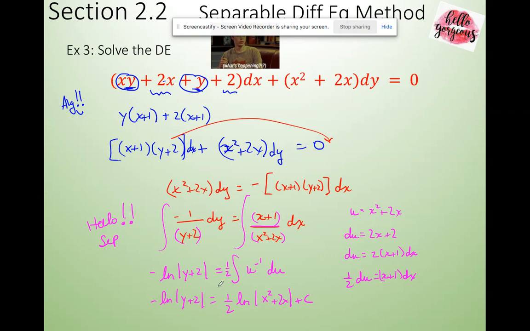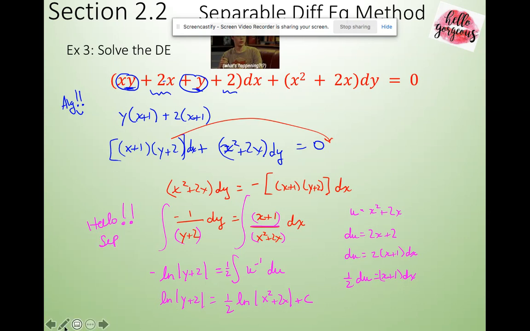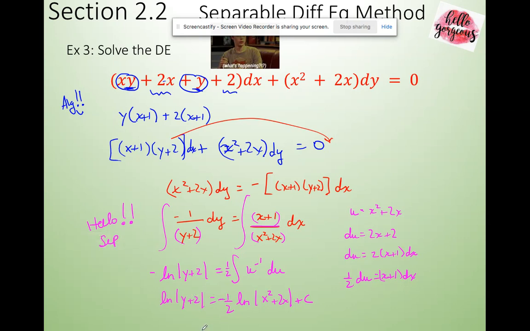I do want you to get y by itself here. So get rid of that negative. I probably should have left the negative over there to begin with. That's kind of silly. Sometimes I don't see these things till the end. So you're just going to e to the both sides, right?